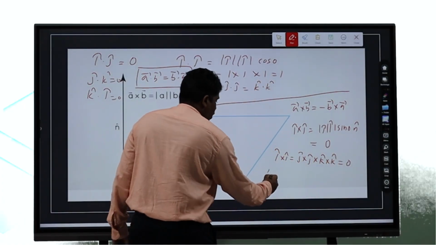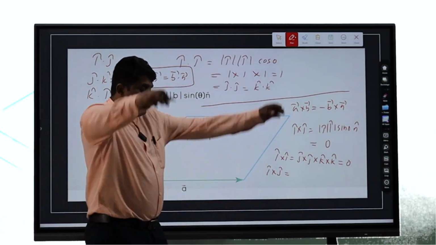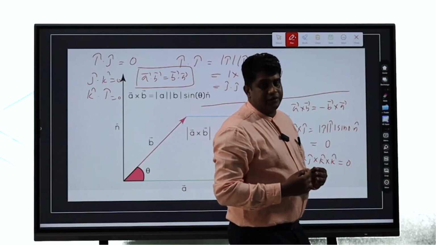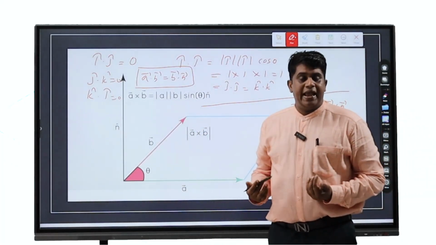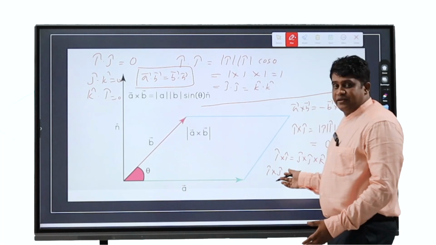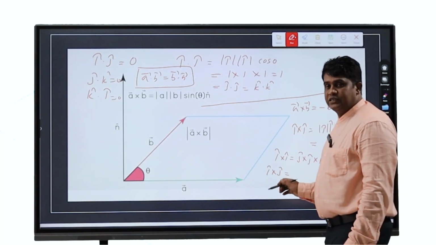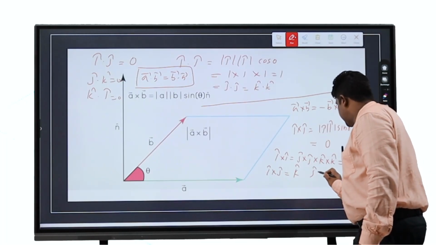Then what about i cross j? If we find a cross product a cross b, we will get a vector which is perpendicular to both a and b. So here we must get a vector which is perpendicular to both i and j, which is k.